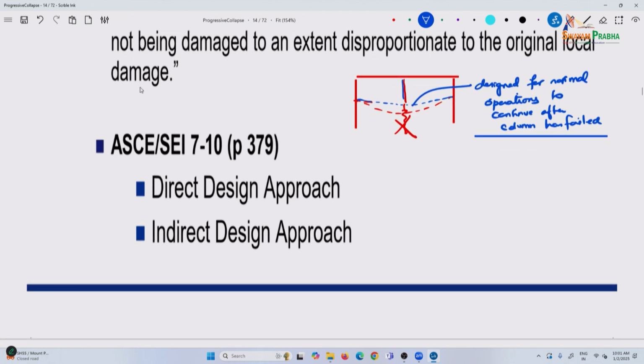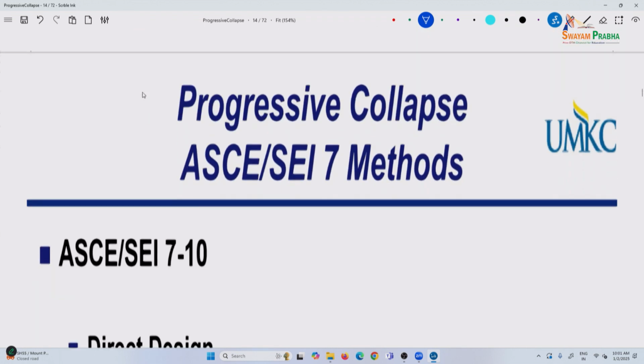So, there are two approaches. One is a direct design approach and the second is an indirect design approach. We'll have a little bit more about it.